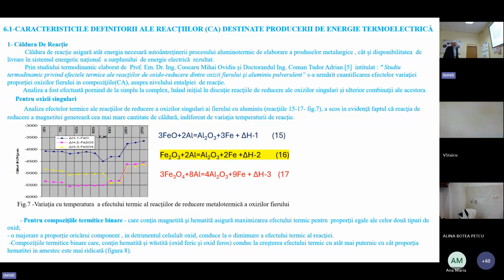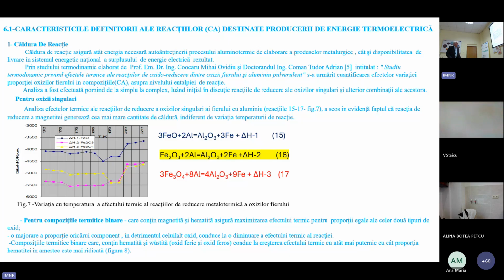Deci, uitați, pentru oxizii singulari este prezentat în această figură și se vede faptul că reacția de reducere a magnetitei generează cea mai mare cantitate de căldură, indiferent de variația temperaturii de reacție. Pentru compozițiile termitice binare, care conțin, de exemplu, magnetită și hematită, se asigură maximizarea efectului termic pentru proporțiile egale ale celor două tipuri de oxid.